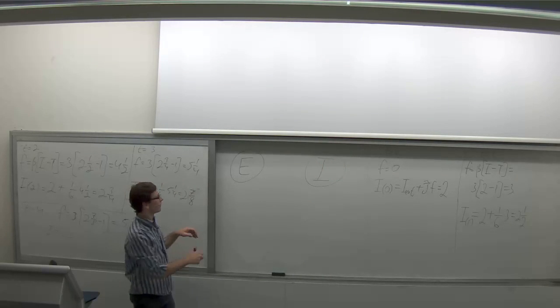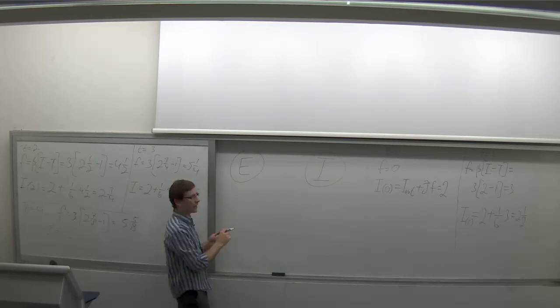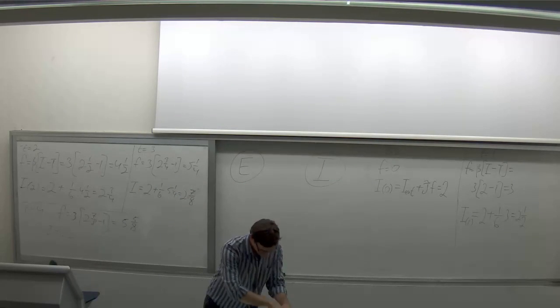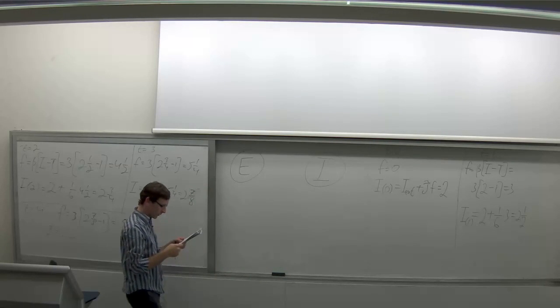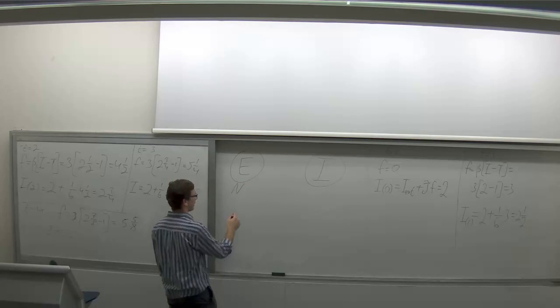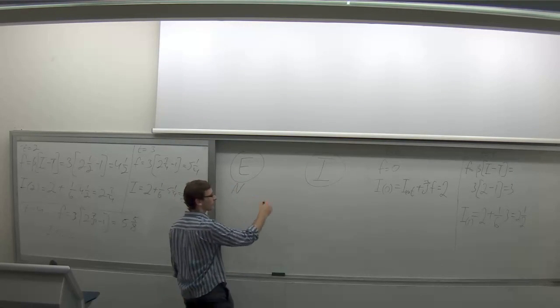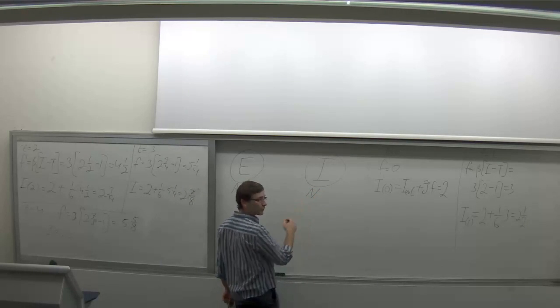So what does it mean? We have n. Let's, for now, assume it's the same n. Did I assume it's the same n here? Yeah. I have n excitatory neurons and n inhibitory neurons.